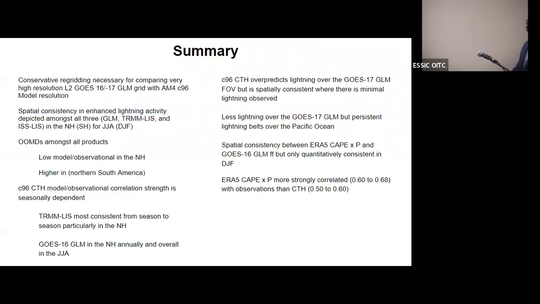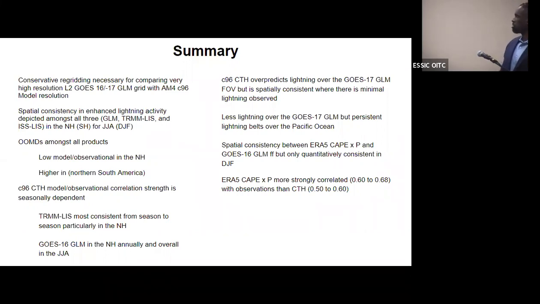So just to summarize, we used conservative regridding to go from the high resolution to the model resolution. We saw lower biases over the Northern Hemisphere and higher biases over Northern South America.